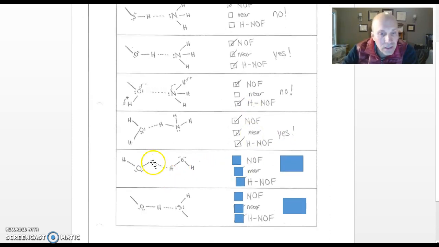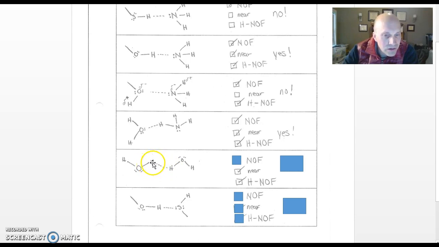In this case right here, we have two water molecules. You might remember we said that water molecules do hydrogen bond to each other. The question is, is this the orientation that the molecules would have relative to each other to create that hydrogen bond? This is a hydrogen connected to nitrogen, oxygen, or fluorine, so we can say yes to that. Is it near another molecule? Yes. And what is the thing on this molecule that it is near?